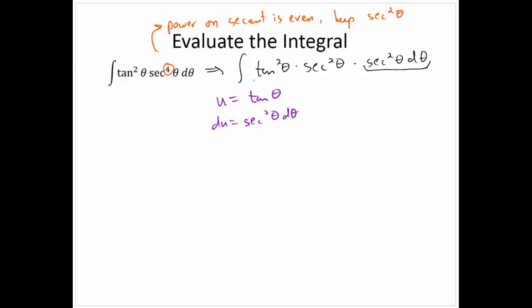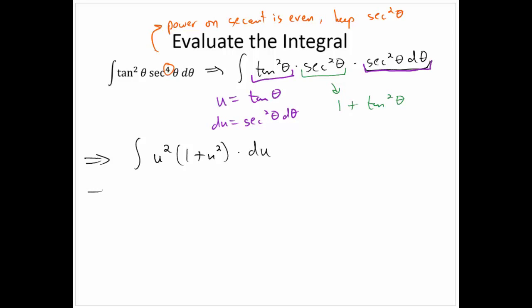And so that takes care of this tangent square theta, that would be u square, and secant square theta d theta, that's the du. The secant square theta, remember, is the same as 1 plus tangent square theta, again from the Pythagorean identities. So then the integral becomes the integral of u square times 1 plus u square du, which is the integral of u square plus u to the fourth du.